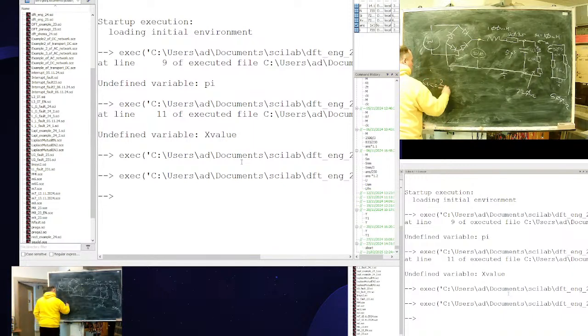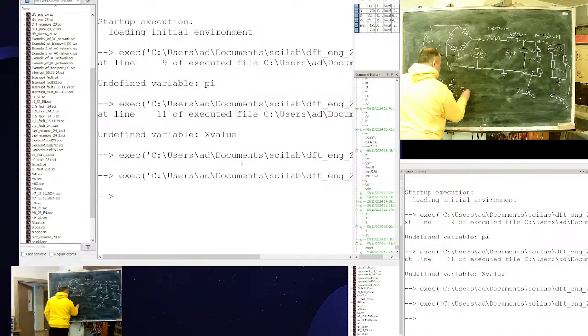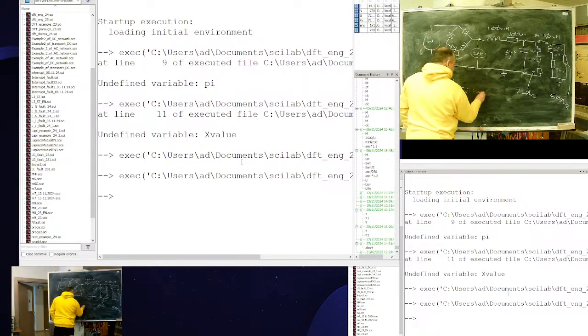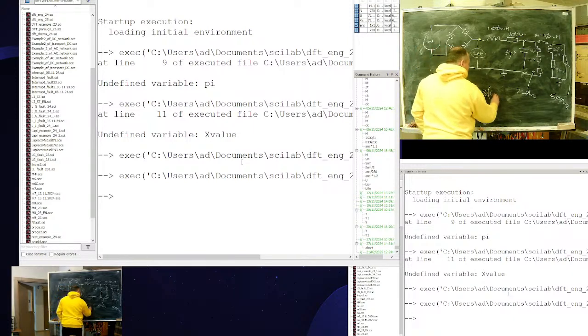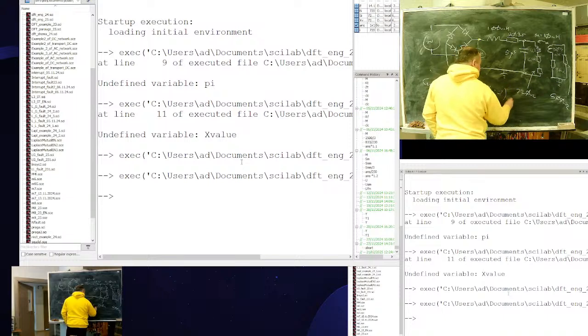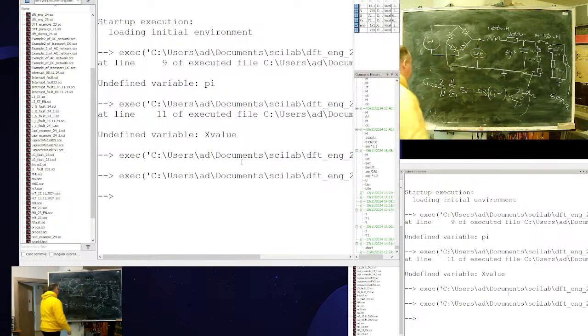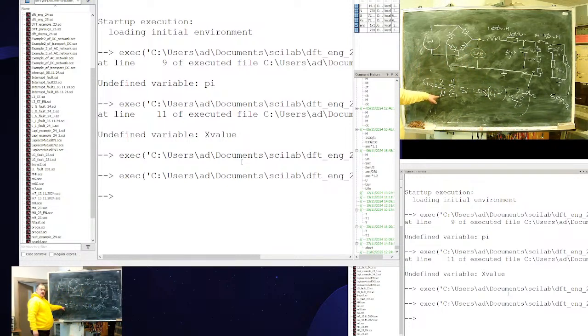C_k equals 2 divided by n, the sum where k changes from 1 to the number of harmonics, of the value of the signal times cosine of pi minus 1, double p divided by n. And the same for sine.